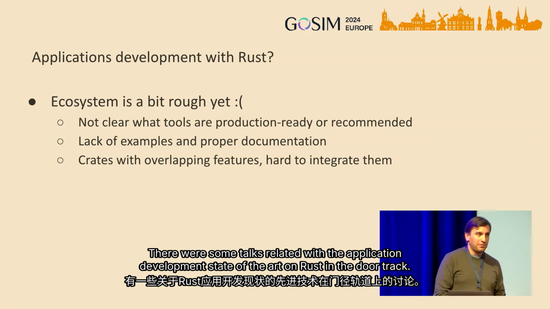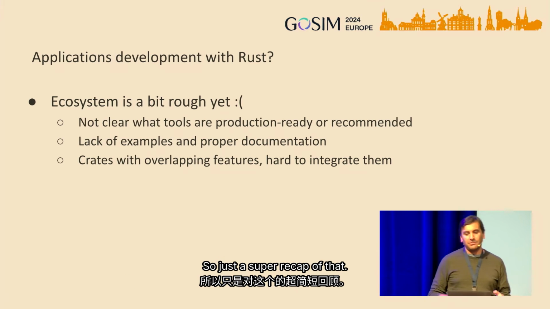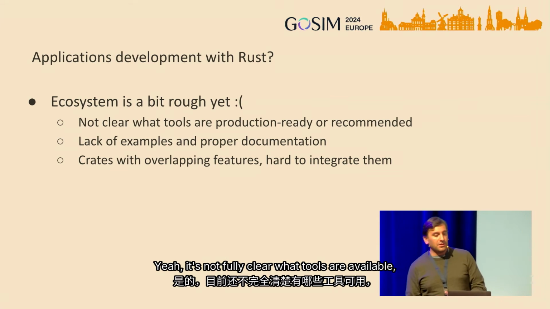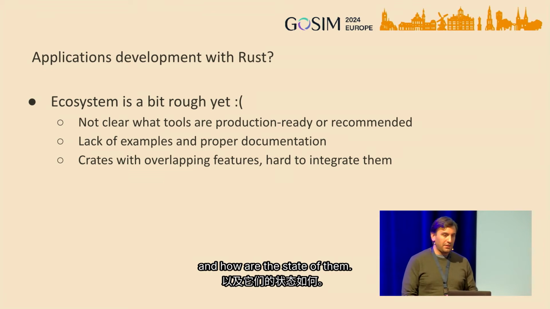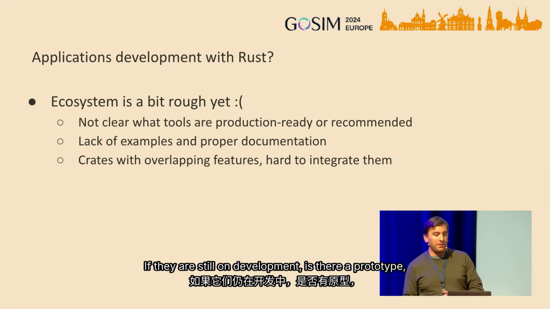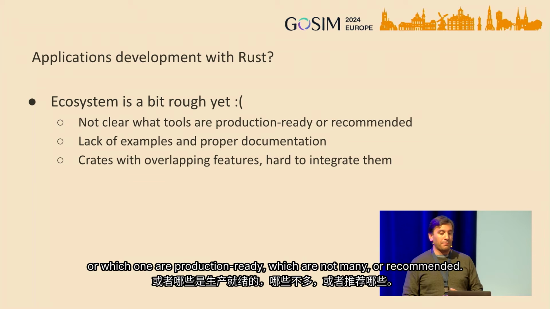There were some talks related to the state of the art of application development on Rust in the door track. So just a super recap of that. It's not fully clear what tools are available or what the state of them is, if they are still in development, if there is a prototype, or which ones are production ready, which are not many, or recommended.